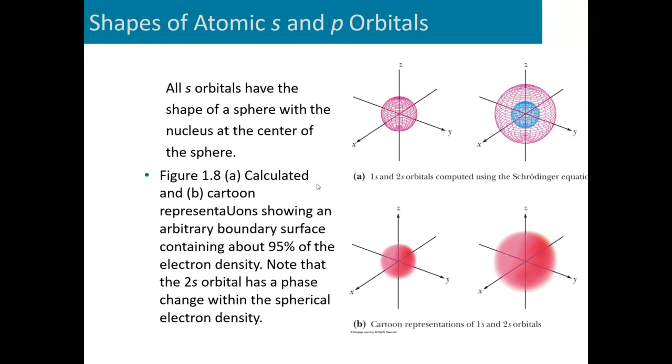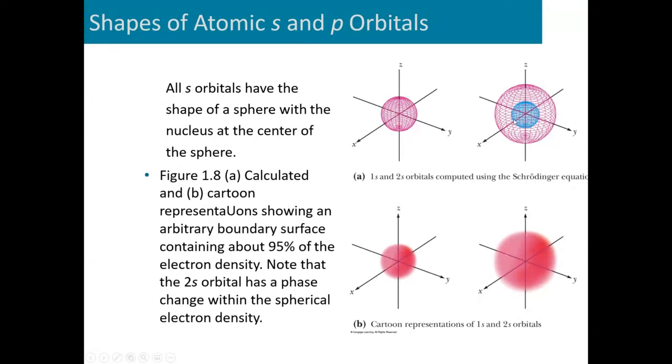So the s orbitals are spherical. And here we have an example of a 1s and a 2s orbital. You see both. This is 1s. It's smaller than 2s. And both of them are spheres. The purple area here indicates the volume where the probability of finding the electrons is the highest.